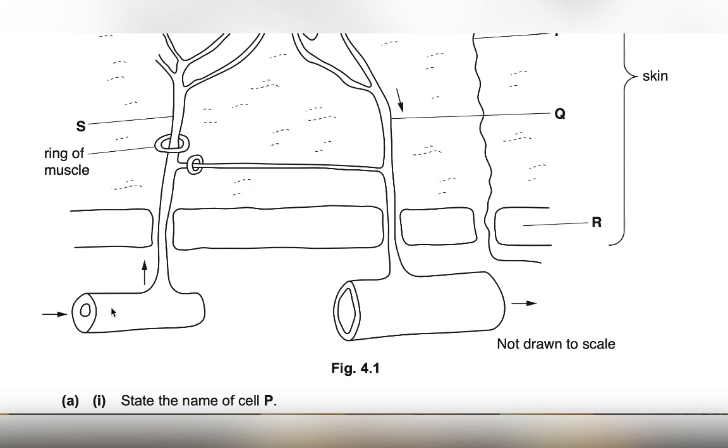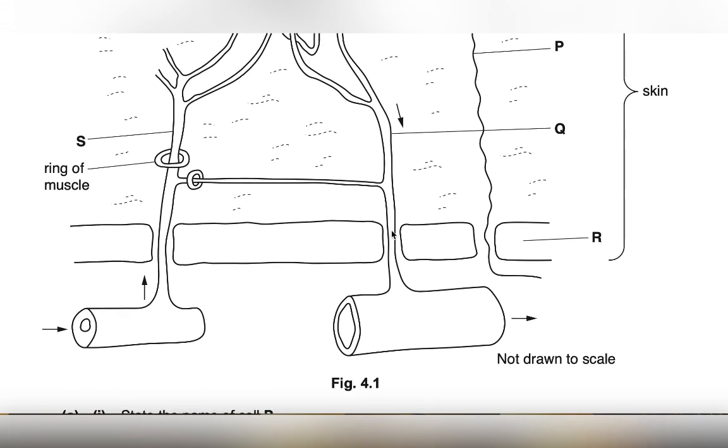You can see the walls of the artery are thick walls with a narrow gap. But for vein, it's thin wall with wide gap. So this is a vein, and this one is artery.